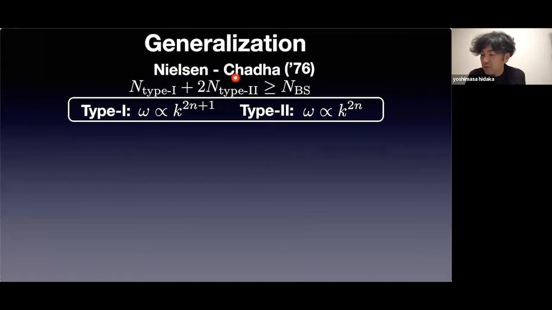They classified the modes with linear dispersion, more generally k to an odd power, as type 1, and the even power as type 2. They showed that type 1 plus twice the type 2 is larger than or equal to the number of broken symmetries. This is an inequality, but basically it holds in any system.